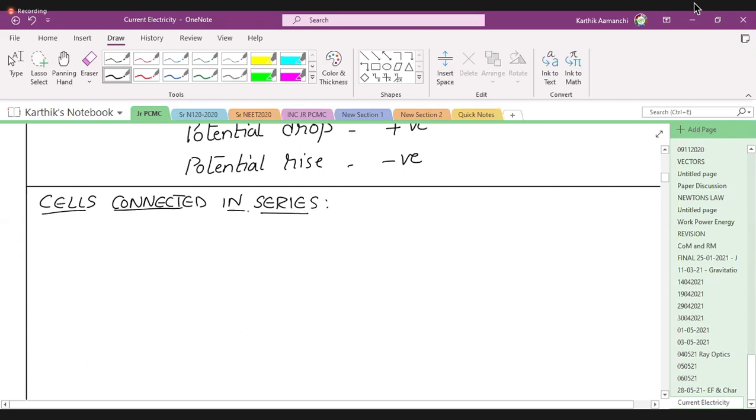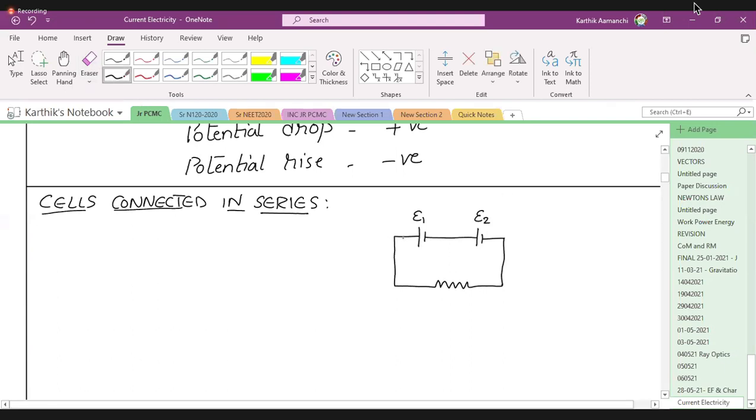The main heading will be grouping of cells, and below that we'll put cells connected in series.